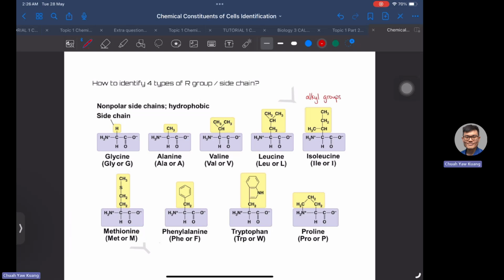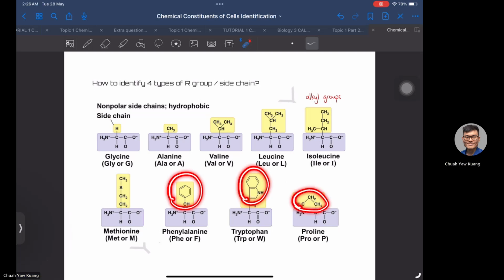Or you find that the side chain contains the aromatic benzene ring, like this one, this one, and also this one. If you see this type of functional group in the side chain, then this side chain is categorized under the non-polar side chain.